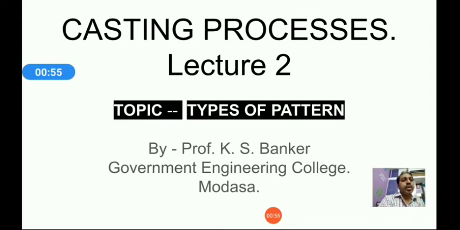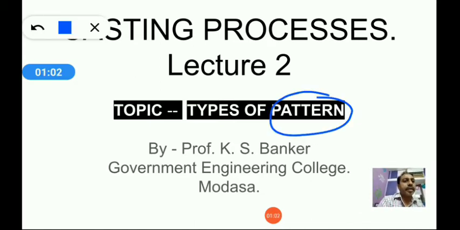Now, what is a pattern? Our topic is pattern and types of patterns.